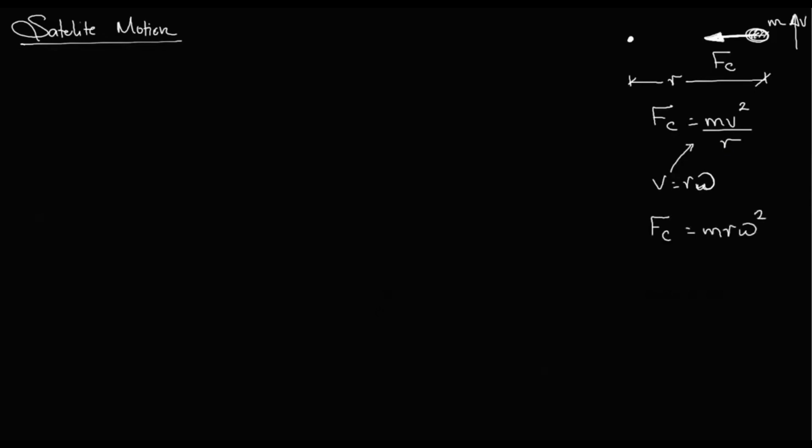The magnitude of the centripetal force is given by mv squared over r, where v is the velocity of the rotation, right? And we also can do v equals r omega, the conversion of linear parameters to rotational motion parameters, and we can substitute this and get the equation as m r omega squared, right?